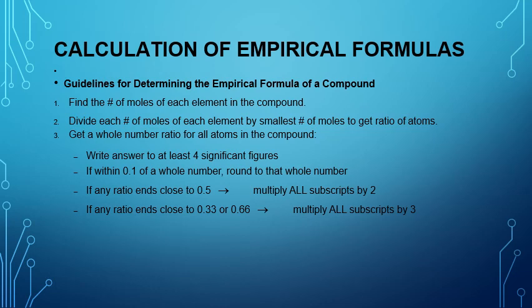Now, as you start to get down into your percentages or your ratios there, you need to be really careful, because if I have something that's 2/5, that's very close to 0.33. So we need to be very precise in our calculations to make sure that we know which thing we're multiplying it by. So my suggestion to you would be to make sure that you write your answers to at least 4 significant figures when you do this.